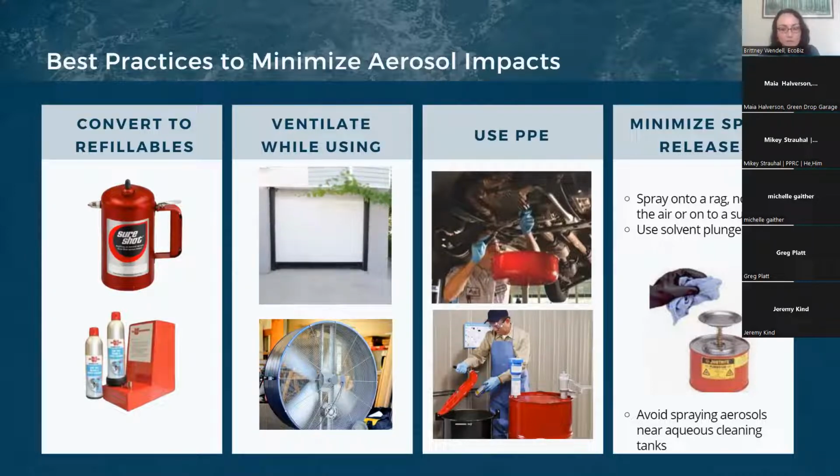Other options that can reduce waste or exposure include converting to refillables, and there are several different models of refillables. You should also ventilate the area while using aerosol products, so opening a garage door or having a good HVAC system or a fan that circulates air. Also use recommended PPE.